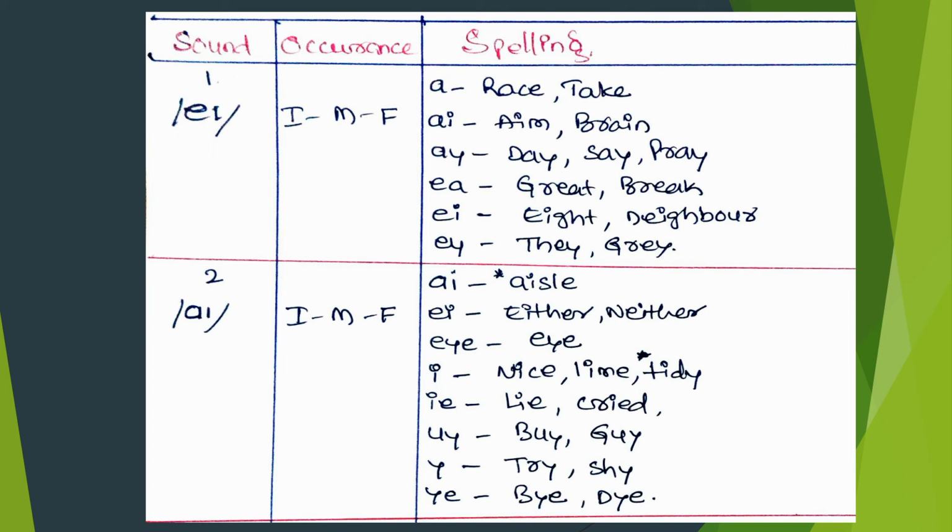Here I have given AIM initially, aim, and it happens medially in the words such as PAIN, pain.